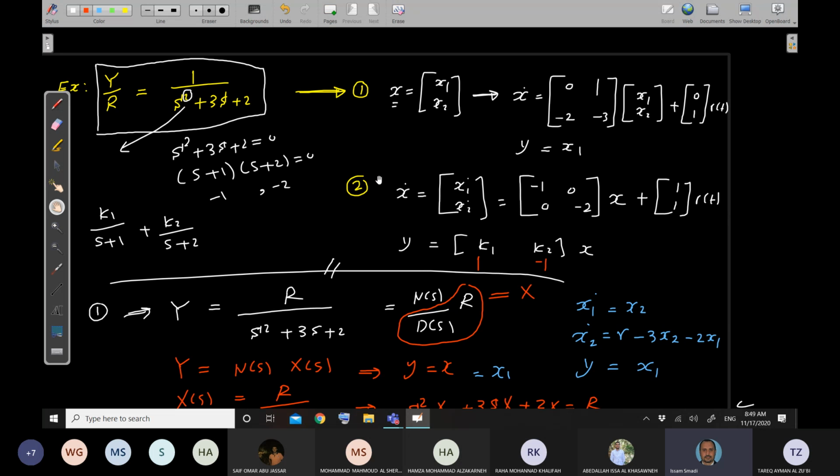Of course, you can find more methods, let's say 3 or 4 or 5, in order to find the state space representation. But at the end of the day, if I need to use any representation, it must be useful. The information that I can get from the representation must help me in understanding the system, or later on help me in controlling the system, because our target in control systems is to find what?